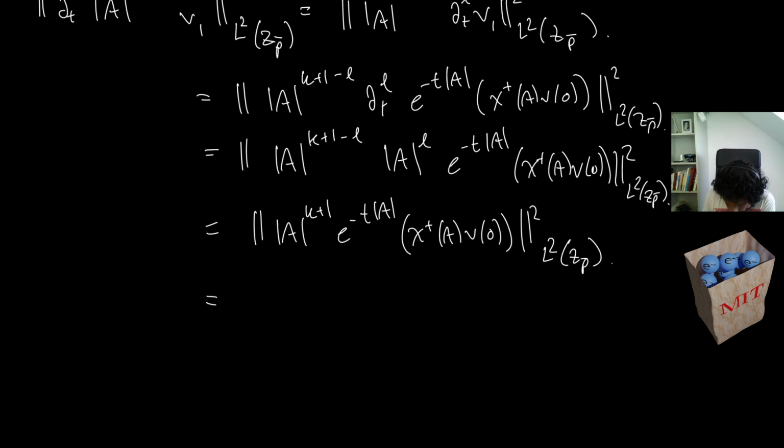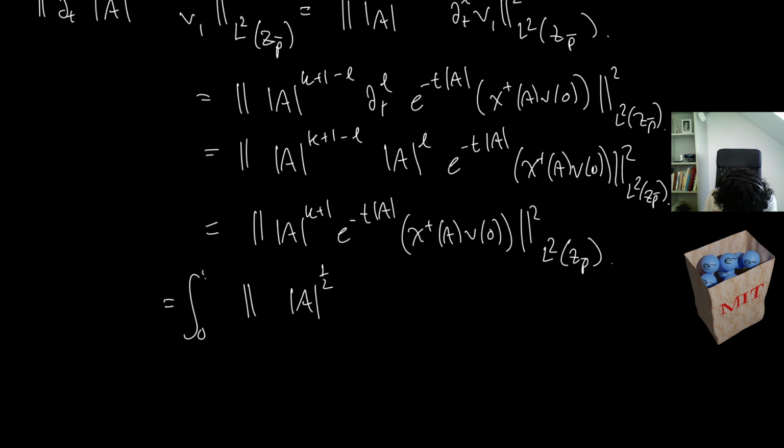So here, what am I going to do now? I'm going to commute. I assume that chi plus of A V naught actually is in, so remember the assumption is that this is in H k plus a half. So let me take that across, let me leave a power of a half here, which means this integral is now equal to what?